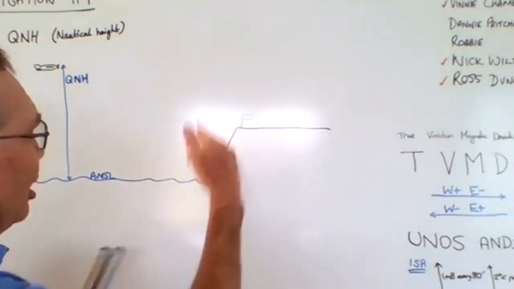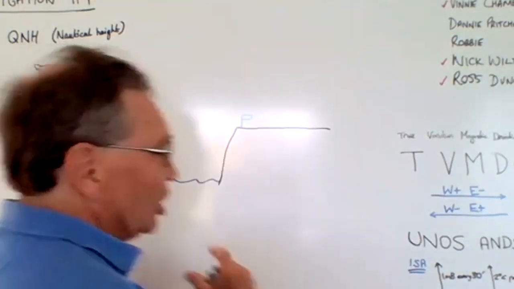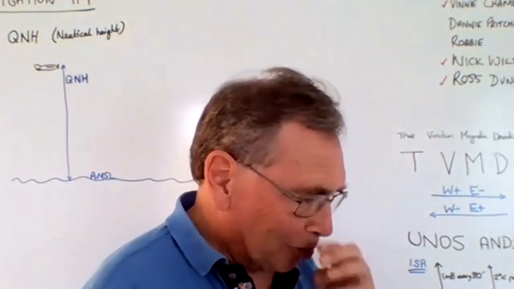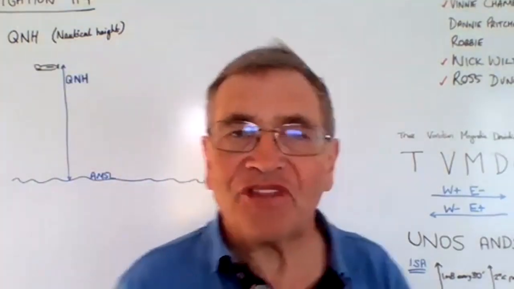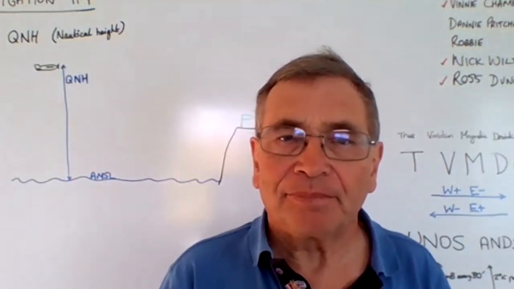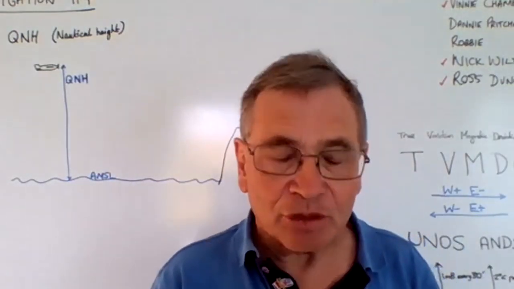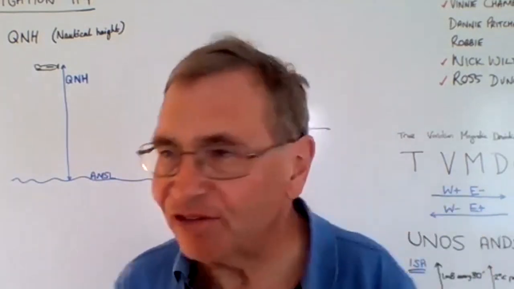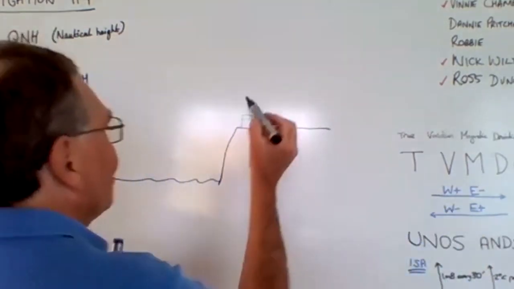So when we're flying around in the circuit, we want to be 1,000 foot above the ground, because we want all the planes to be 1,000 foot above the ground, don't we?